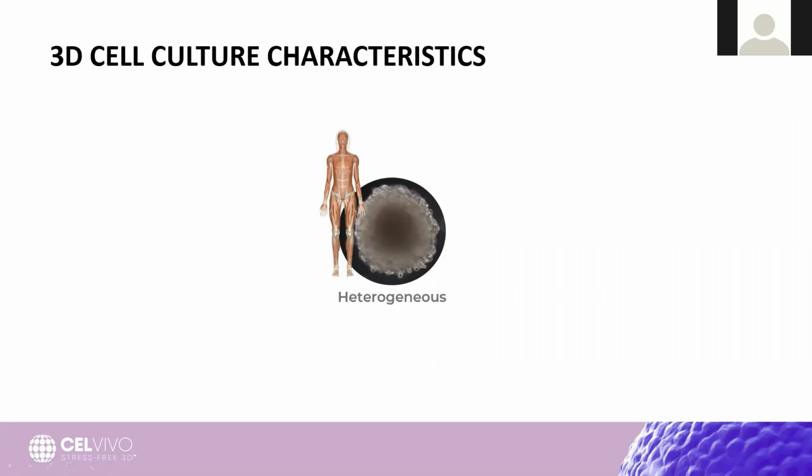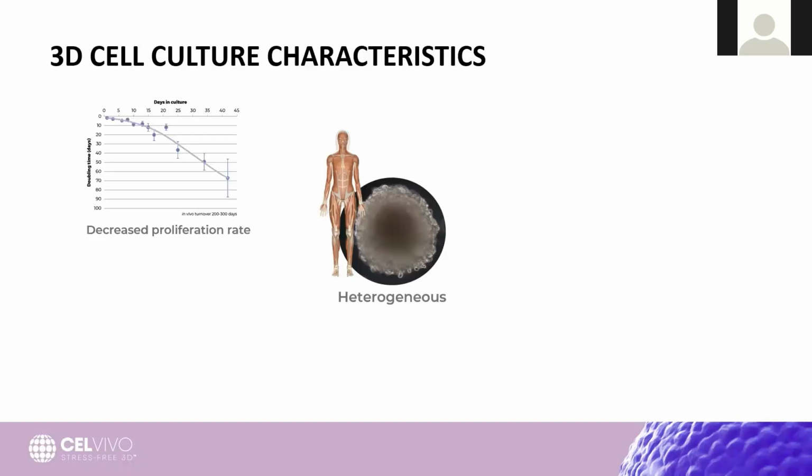So a good sample should be heterogeneous. And that's also what we have in 3D cell culture, where you cultivate these cell aggregates and the cells in the middle are experiencing different nutrient access compared to the cells on the outside. So in reality, your cells are heterogeneous.